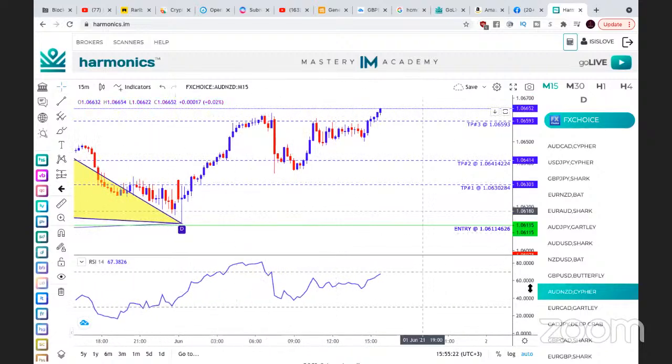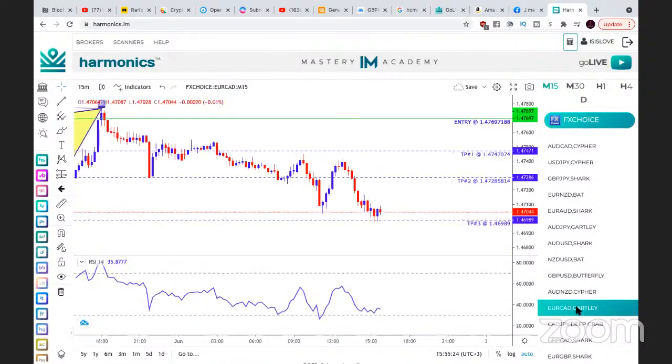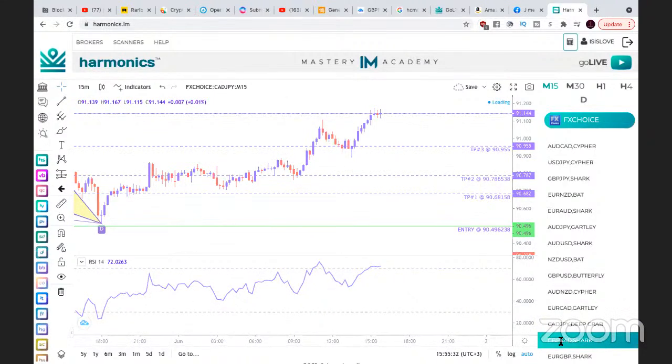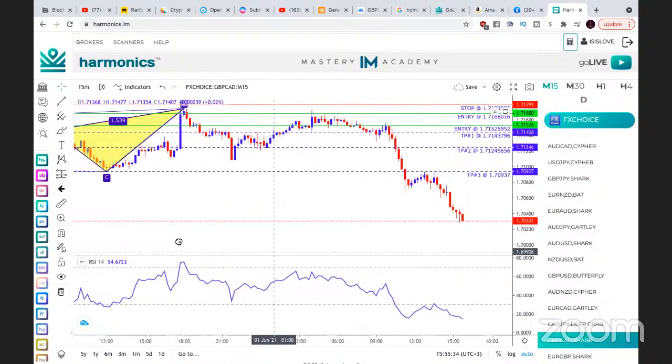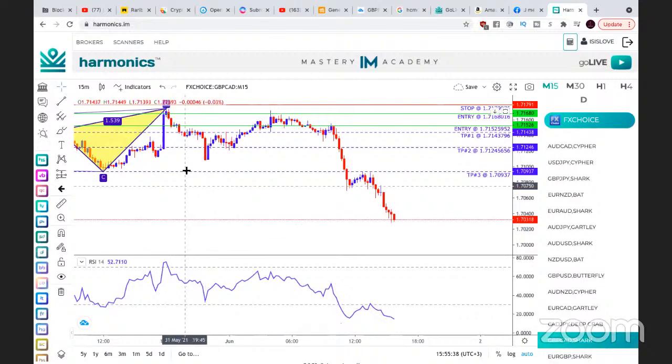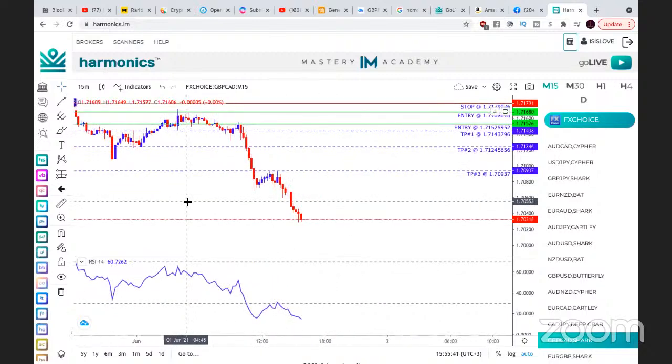TP1, 2, 3, smacked. Sheesh. How are we not making any money, ladies and gentlemen? How are we not making the money when we can see with our own eyes take profit 1, 2, 3, hit?